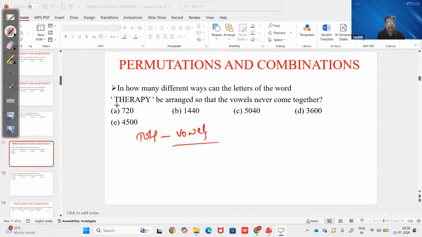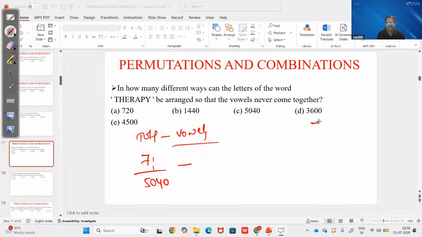So total number of letters is 1, 2, 3, 4, 5, 6, 7. 7 letters can be arranged by 7 factorial, which equals 5040. Vowels never come together is total minus vowels come together.